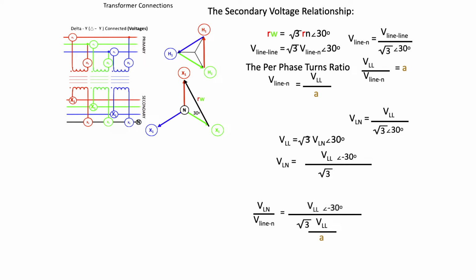I can make that equation simpler by getting rid of two of the fraction signs, which is just a mathematical manipulation, which says that the line-to-neutral primary voltage over the line-to-neutral secondary voltage is equal to the turns ratio times the line-to-line voltage at minus 30 degrees all over root 3 times the line-to-line primary voltage.